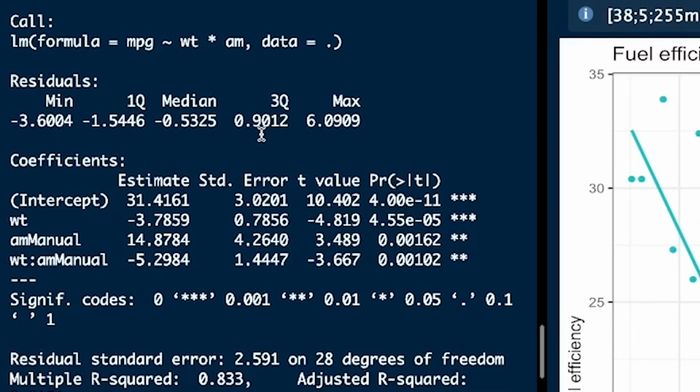Now there's the interaction term, weight semicolon manual. What does this interaction term mean? It means for manual cars the effect of weight on fuel efficiency is minus 5.2, so it's 5.29 or 5.3 miles per gallon less for every incremental increase in weight than would be the case if it was an automatic car.